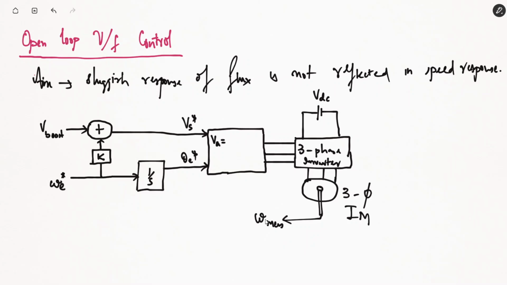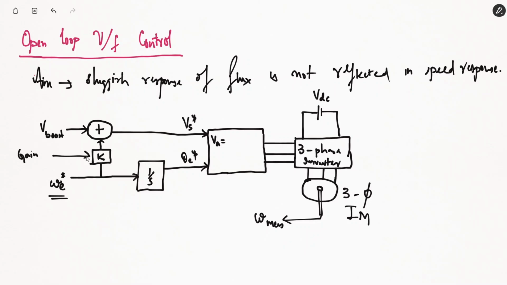This is an open loop control, so we are not actually feeding back the speed response. We have a reference value of speed. Fine. Using an integrator, we are obtaining theta E star. We know theta is integral of omega dt. And using a certain gain k, this gain will help us keep the flux constant.